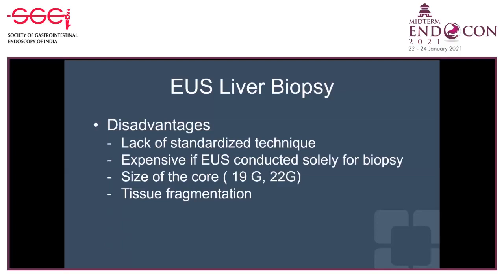There are also some concerns about the size of the core that can be obtained via EUS-guided biopsy with the needles that are available, including 19 gauge and 22 gauge. And then there are the concerns and forever challenges that we encounter with tissue fragmentation, despite due diligence taken at the time of tissue extraction from the needle.